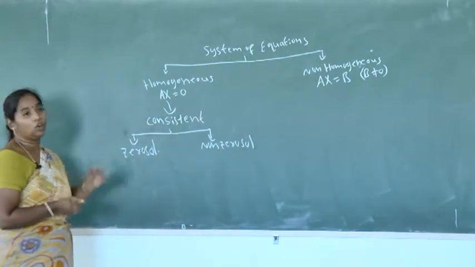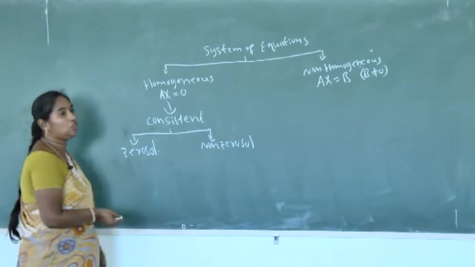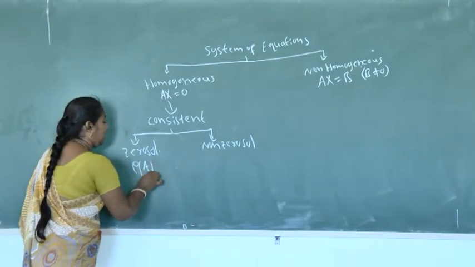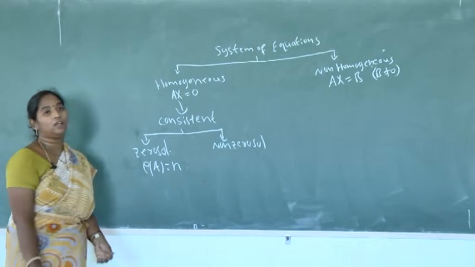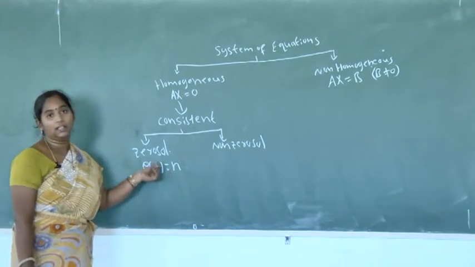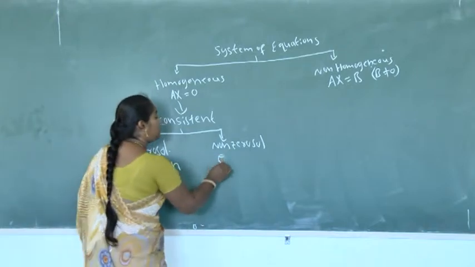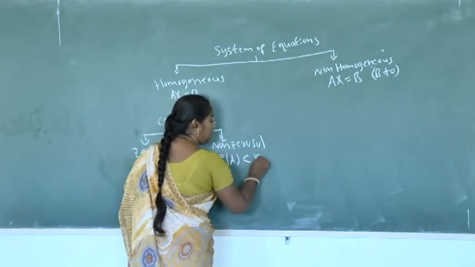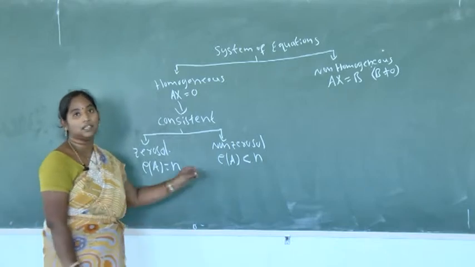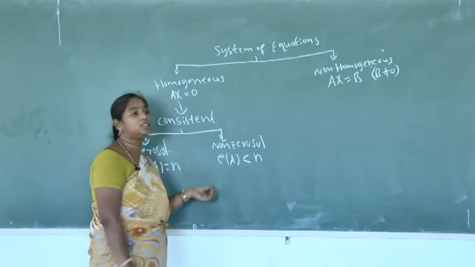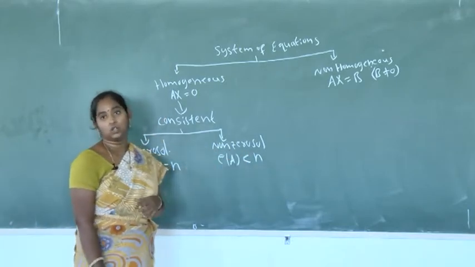The homogeneous system will have only the zero solution if the rank of A is equal to n. If the rank of A is less than n, that means the rank of the coefficient matrix is less than the number of variables, then the system will have a non-zero solution.